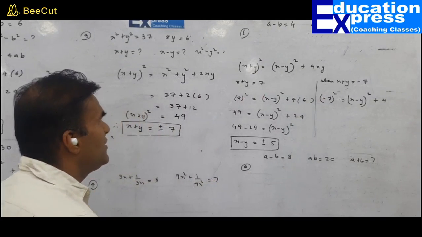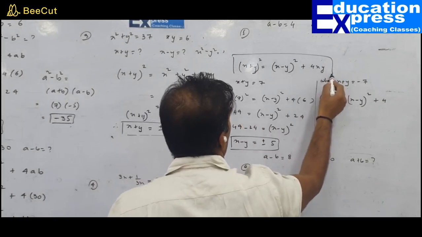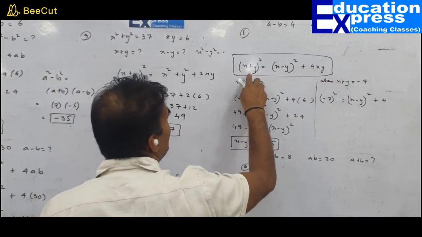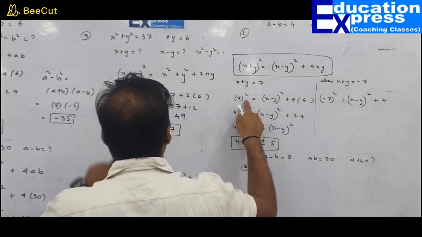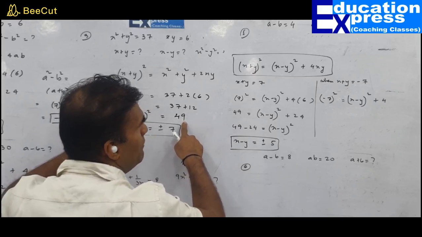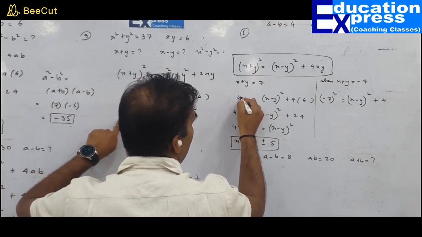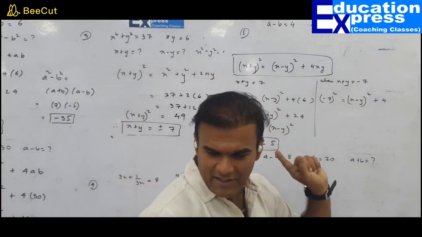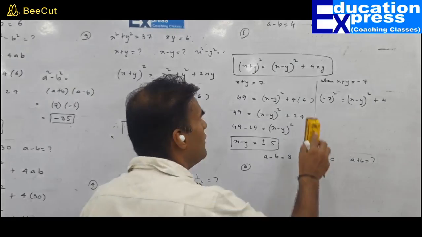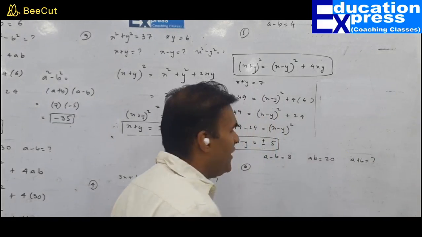In other words, if this is the formula, I can see that (x plus y) square is 49. So simply by placing 49, I can eliminate the working for plus 7 and minus 7. In short, this working is eliminated by your smartness.